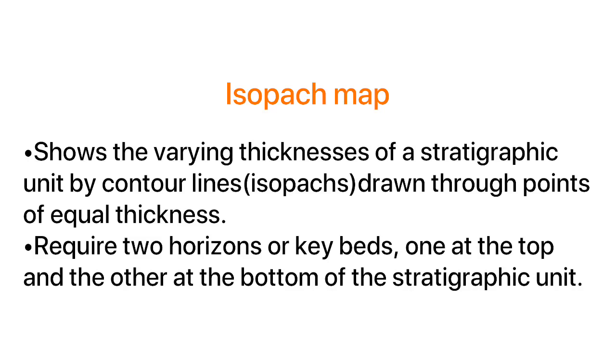And the isopach map requires two horizons of key beds, one at the bottom and one at the top, because it represents the thickness of stratigraphic units. So there must be a key bed for the bottom and a key bed for the top to draw the stratigraphic isopach map.